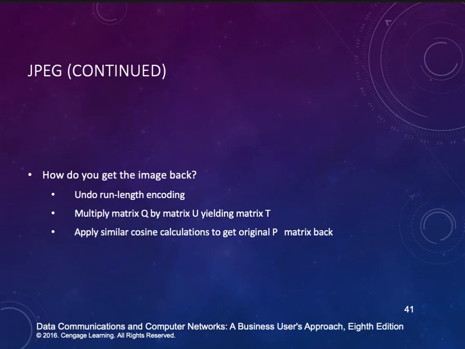On the receiving side we have decoding. Basically the reverse process: you undo the run code, multiply the Q matrix by the quantization matrix, yielding the T matrix, and then apply the inverse cosine transform to get the P matrix back.